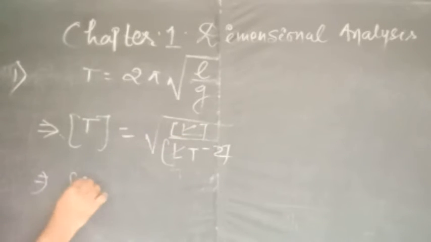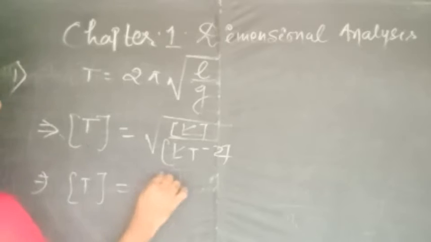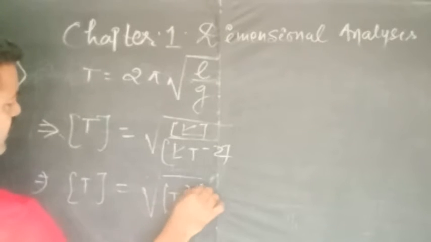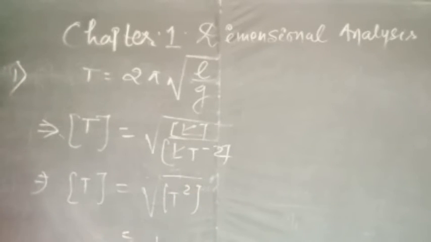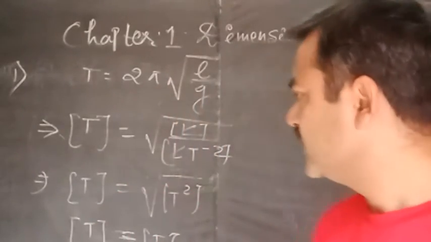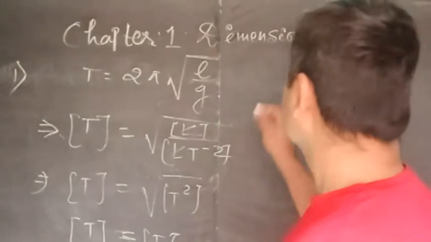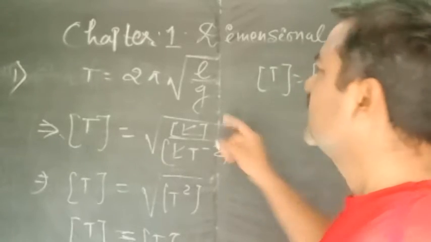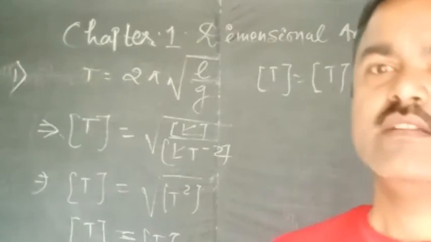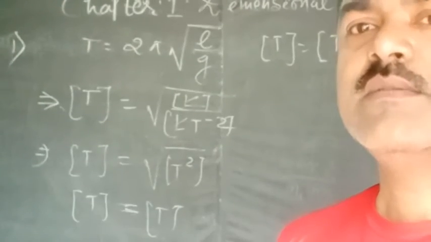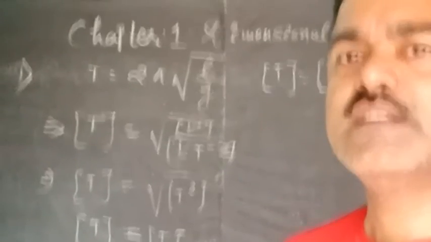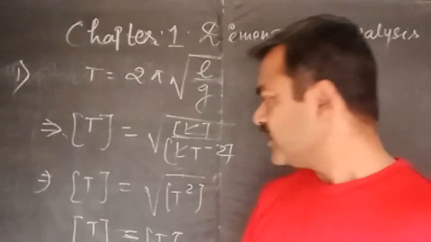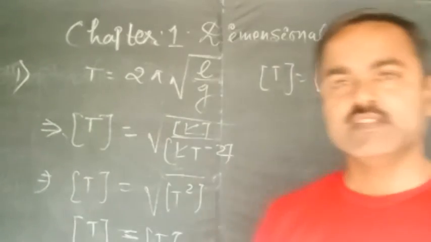So T equals under root, this is equal to T squared, and the square root of T squared is T. So you can see the dimensional formula on both sides is the same. T equals T. It means T = 2π√(L/g) is the correct formula, because the dimensional formula is the same on both sides.